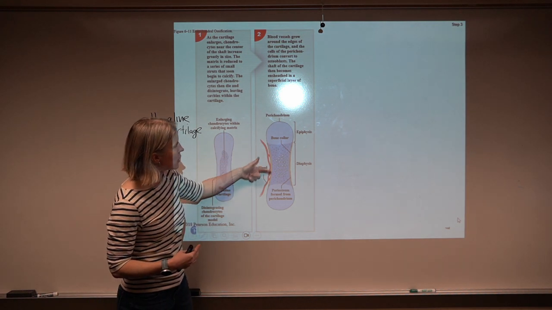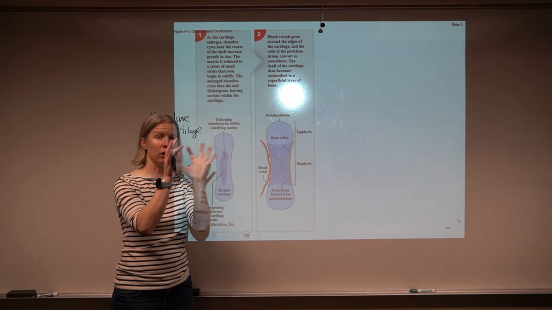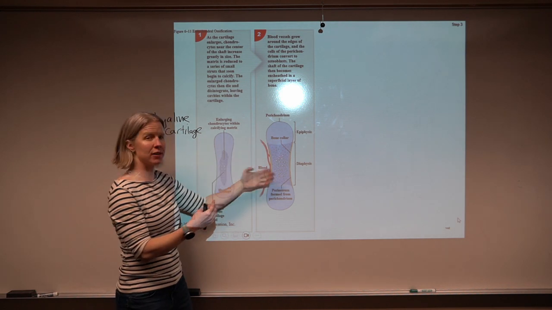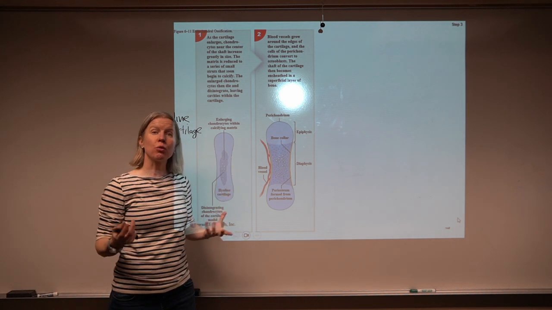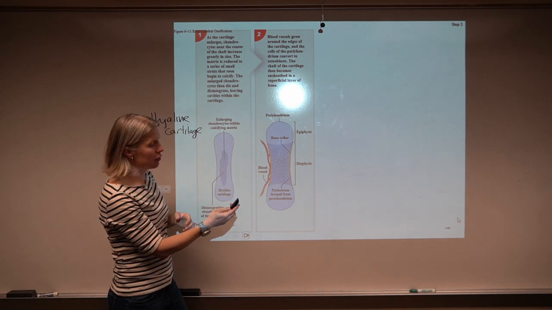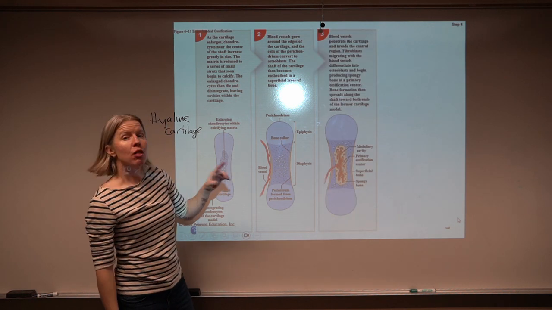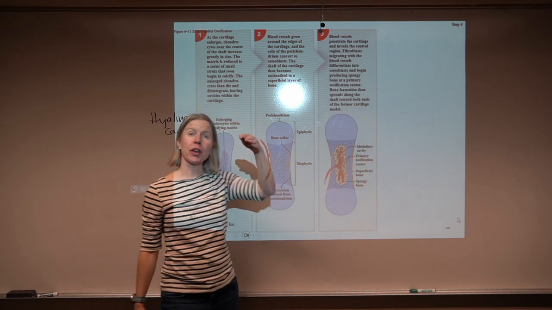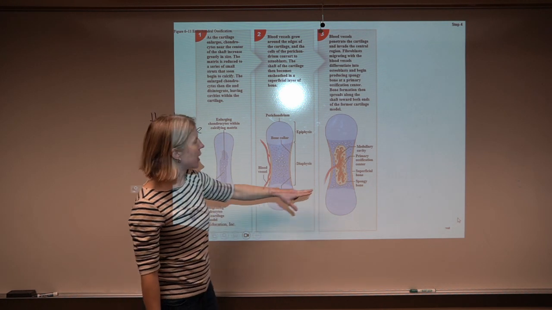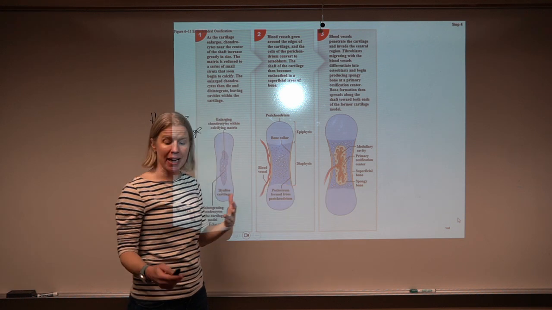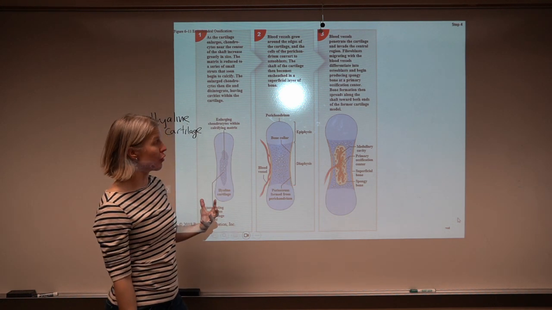And so what happens is we start to develop what they're calling this bony collar. And right, this is in cross section, but picture the entire diaphysis kind of getting this ring of bone on the outside. Okay, those blood vessels are then going to manage to actually penetrate into the center of this hyaline cartilage, and they kind of start taking up that space that was left by those dead chondrocytes.